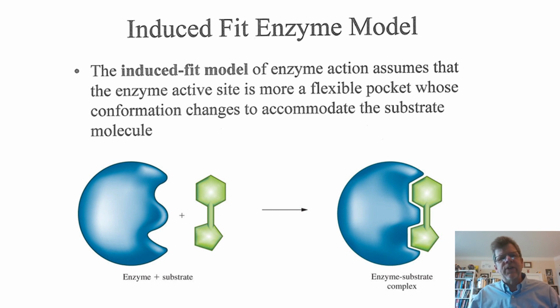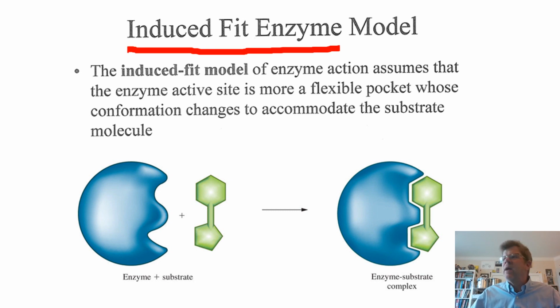And what we fell into was the currently accepted model, which is known as the induced fit model. So we don't think of the lock and key model anymore as the up-to-date version of the model of enzyme-substrate binding we want to look at. The currently accepted model is known as the induced fit model. Now notice here, what we have going on is our enzyme and substrate over here on the left.